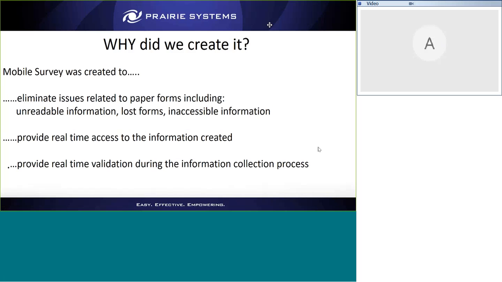Mobile survey was created to eliminate issues related to paper forms, including unreadable information, lost forms, inaccessible information, and to provide real-time access to information created, as well as real-time validation during the information collection process.